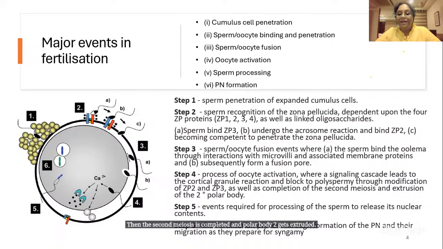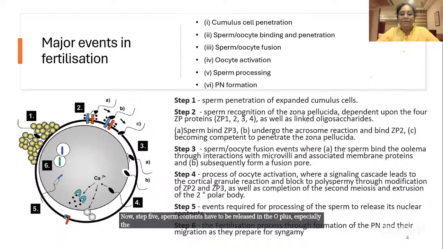Step 5: sperm contents have to be released in the ooplasm, especially the nuclear contents of the sperm. The last step is the formation of pronuclei, which are formed at different places but should migrate close to each other and be ready for syngamy.